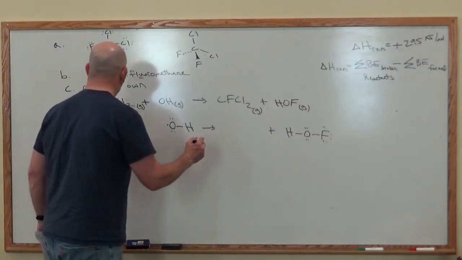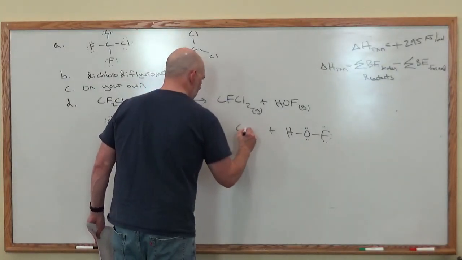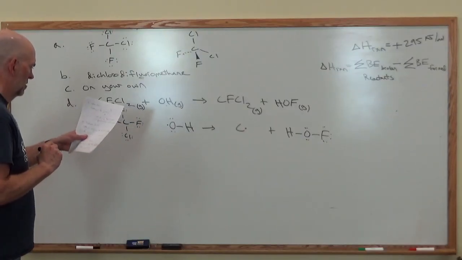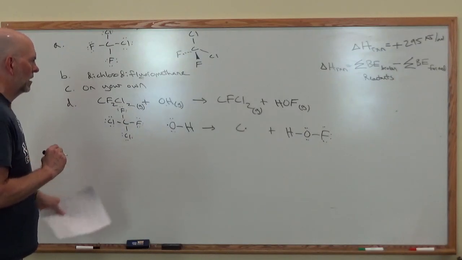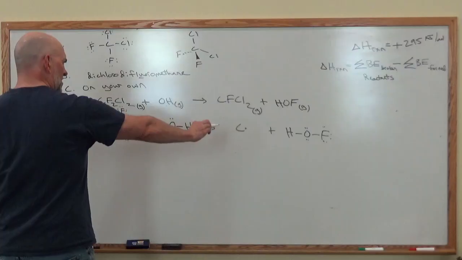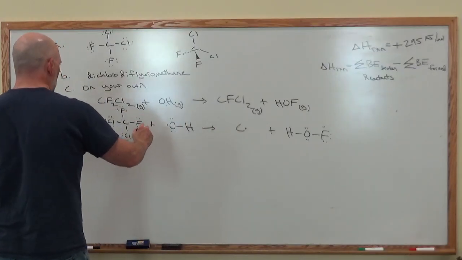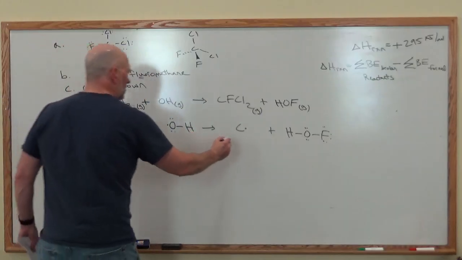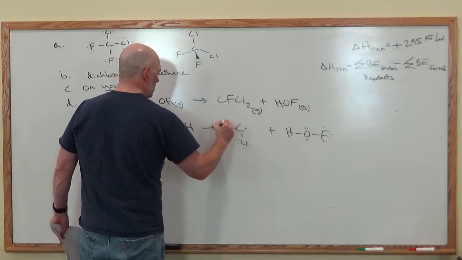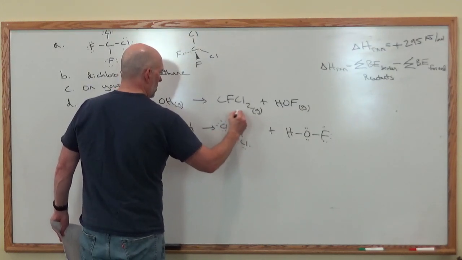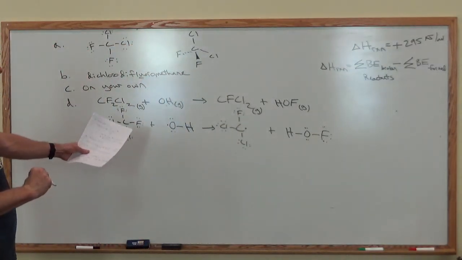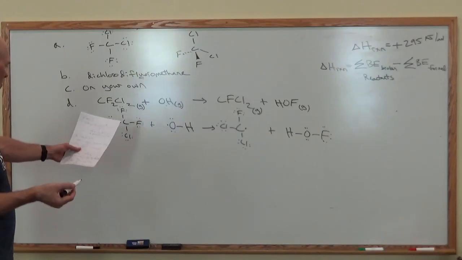And then what we're left behind with is a radical on the carbon. Yeah. So we're breaking that bond, so let's just make sure we're doing this right. So we've got that. I guess I could put a plus sign there. And then that fluorine is gone, so we've just got this chlorine, and that fluorine. Let's check it, because I want to make sure I don't make any mistakes on this one. Yeah, this one shouldn't be too tough.